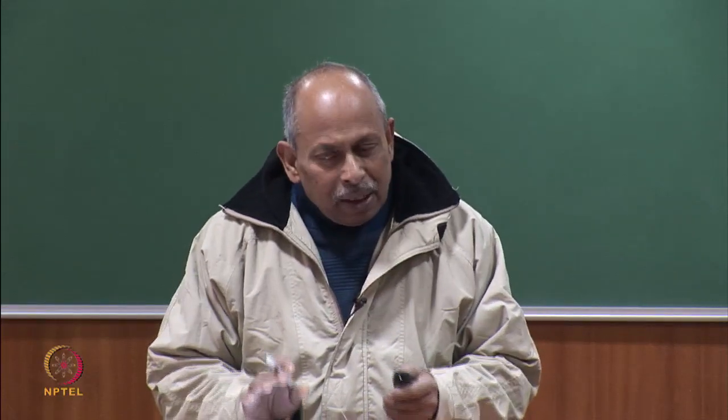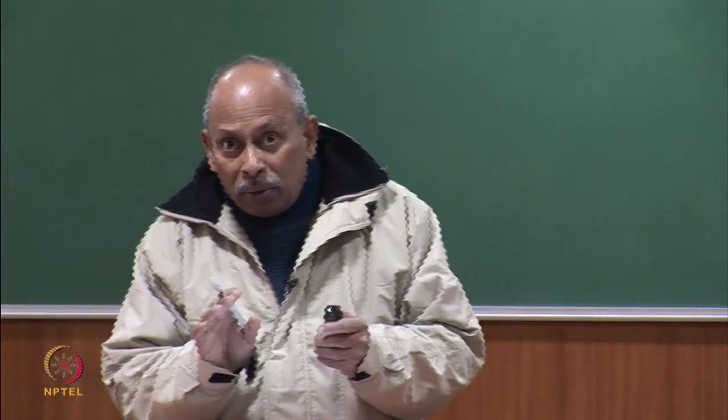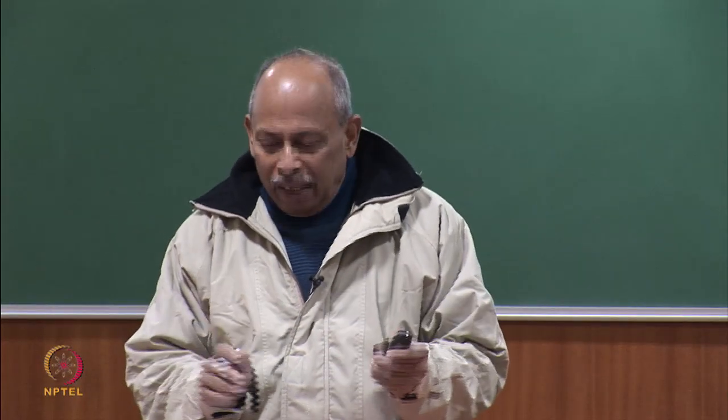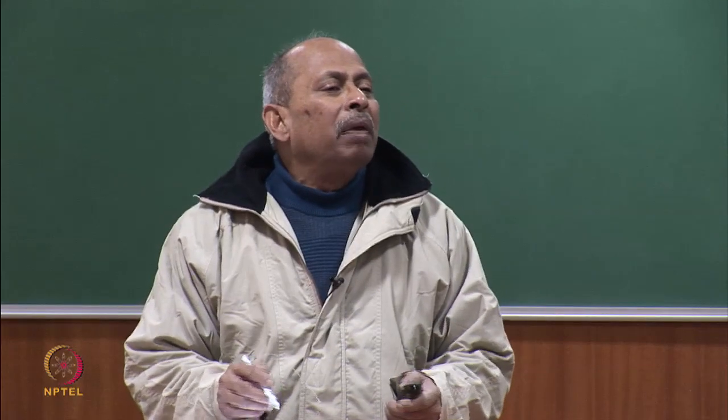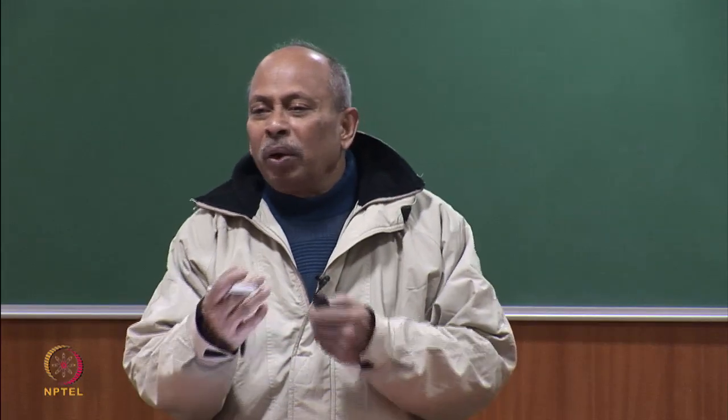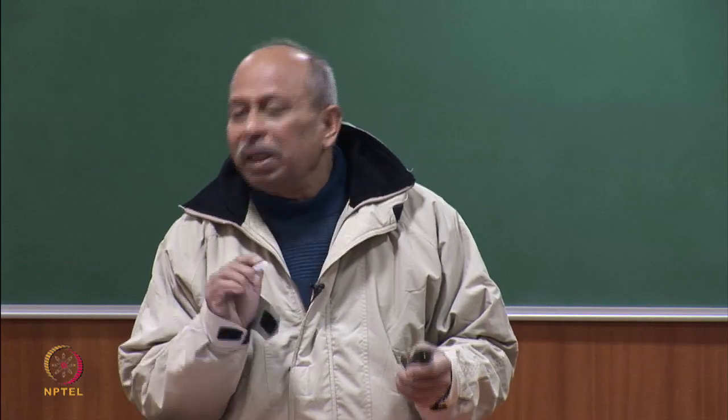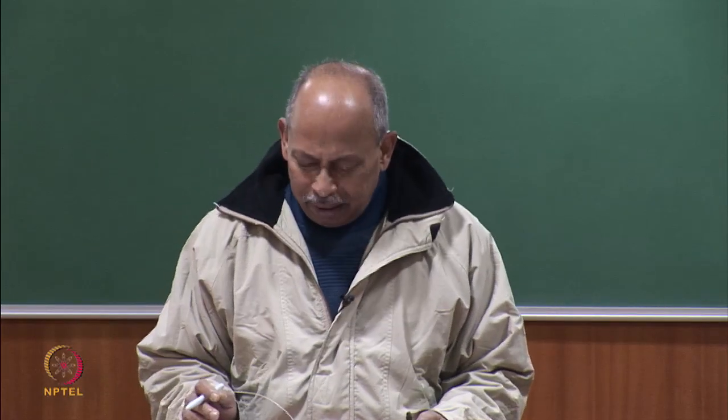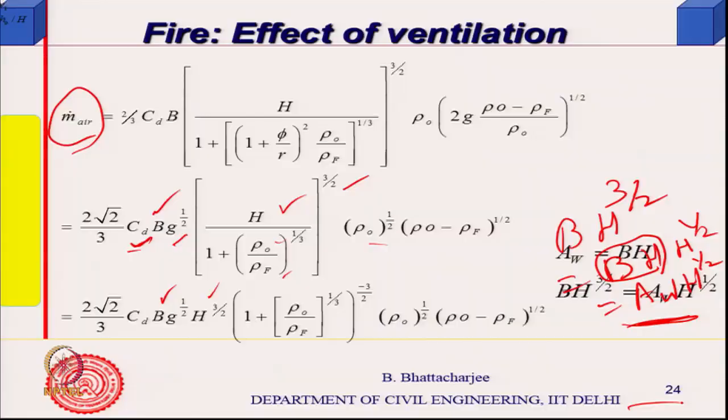Now, the derivation is important to understand this, but finally, what we are doing is taking many empirical factors and ratios, averaging out for hot gases. So, what we take is a constant multiplied by this as the mass flow rate. This constant has been calculated roughly, taking all the relevant values: rho 0 by rho f equal to the average value 3.2, g as it is, and an appropriate value of CD.